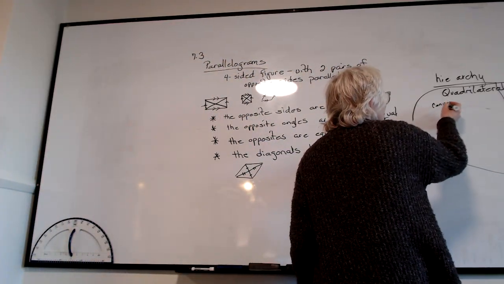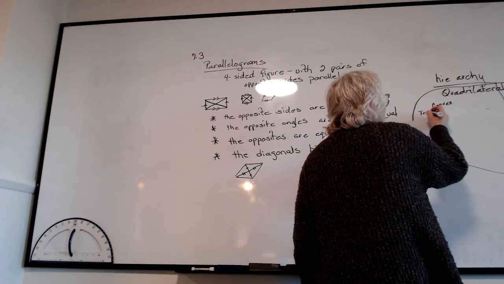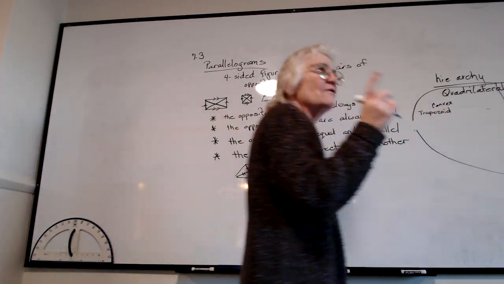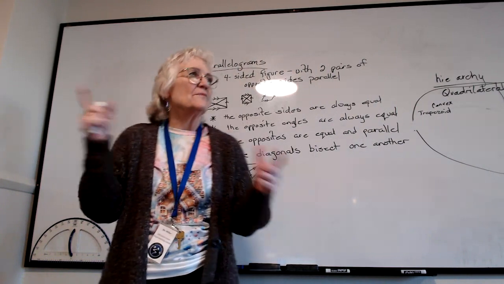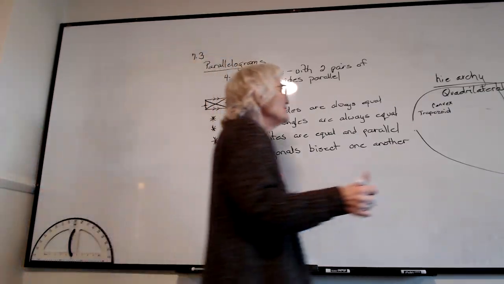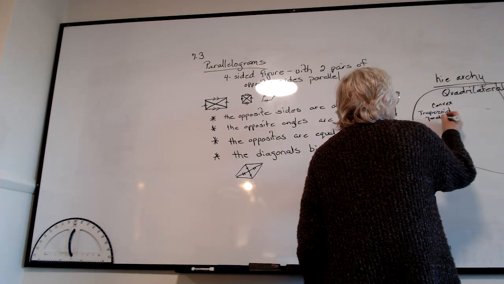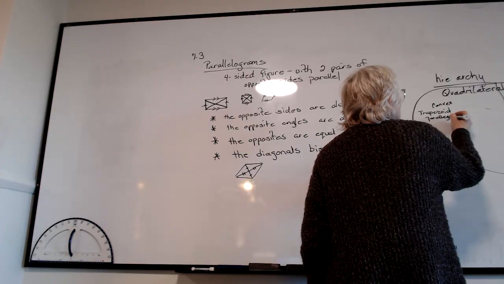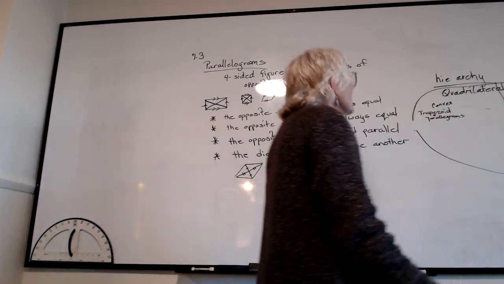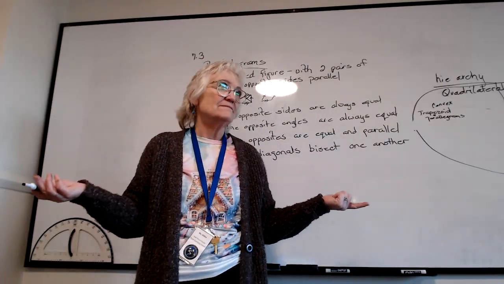The next form, going down, is a trapezoid. It only has to have one pair of parallel sides. But inside of a trapezoid, we actually find parallelograms. It's just a little bit more specific. Parallelograms are also trapezoids because they do have one side that's parallel.